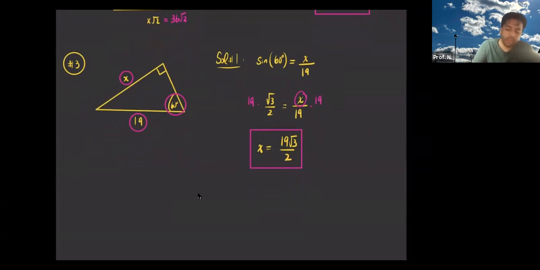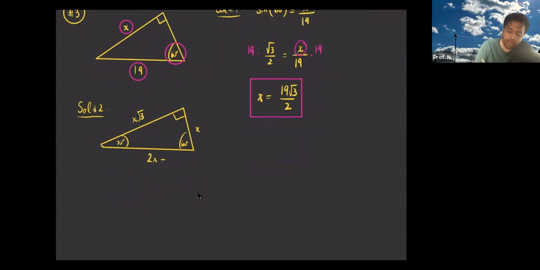You could have also done the other way with knowing the dimensions of a 30-60-90 triangle. So this is 2x, right? And this is 60 degrees, this is 30 degrees, and opposite 30 degrees is X, and opposite 60 degrees is X rad 3.